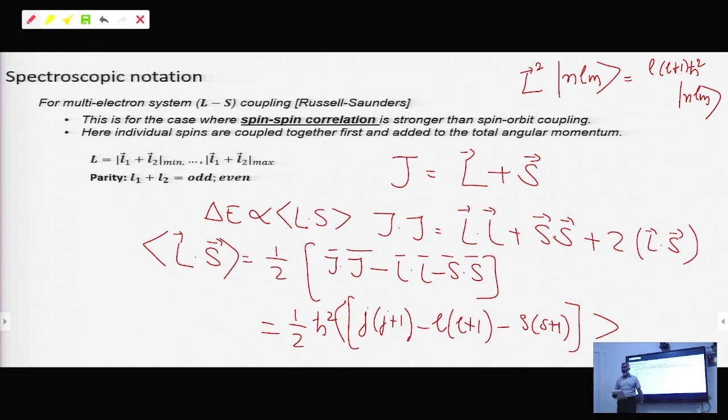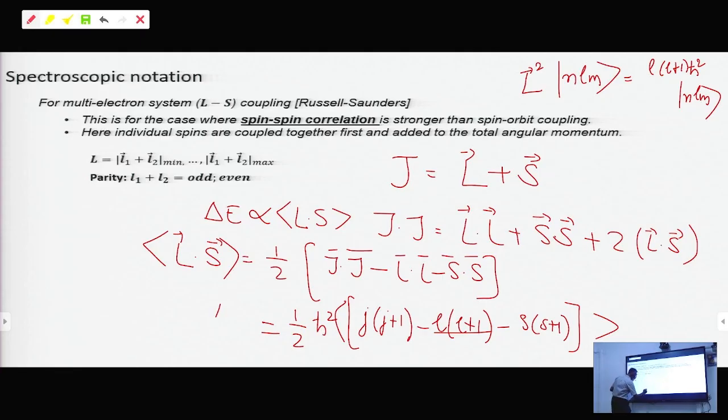Now you can simply say L dot S. If you can find this value, it is proportional. We are not worried about the constant, we are going to only have this part. Well, suppose we take the state. We are trying to see how the energy difference between these J states varies.